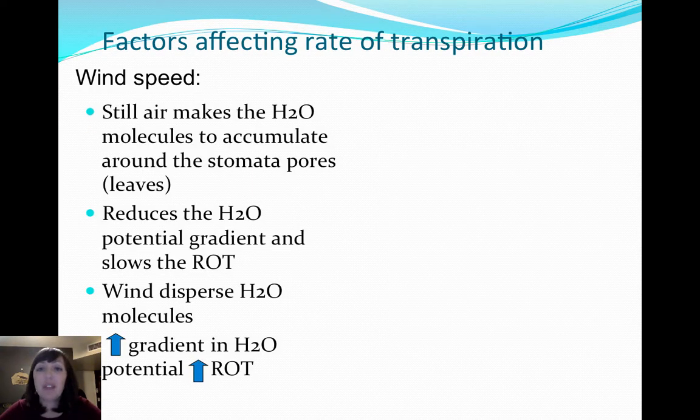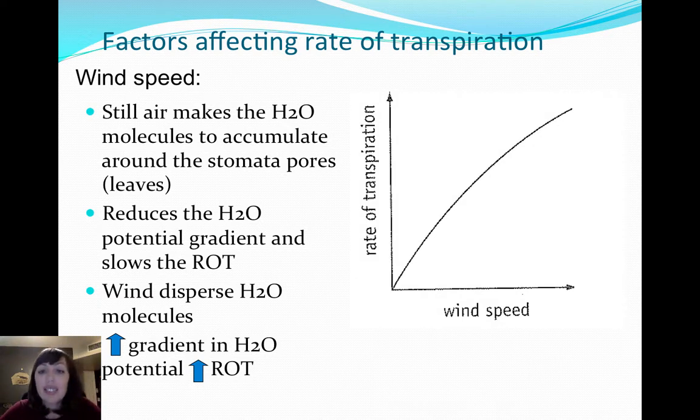Okay, wind speed really affects the rate of transpiration. Still air, that is air without wind, makes water molecules accumulate around the stomatal pore, and this reduces the water potential gradient and slows the rate of transpiration.